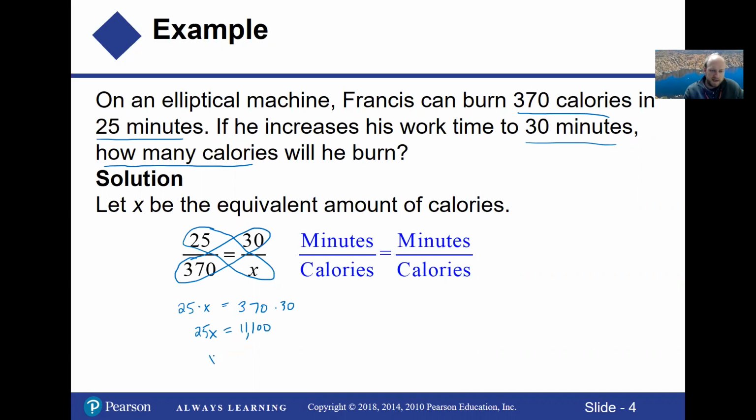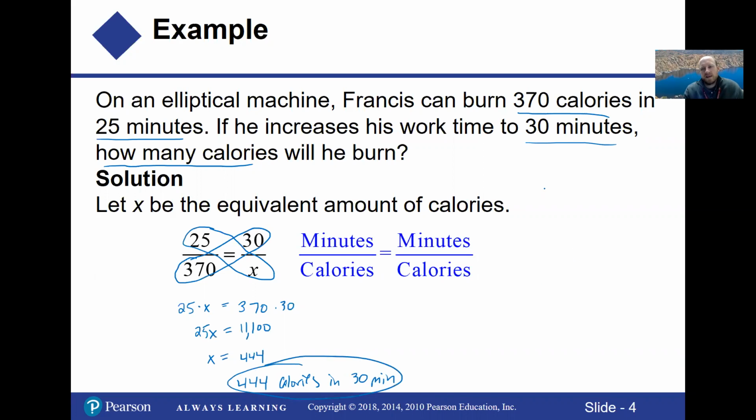Then divide both sides by 25 as we've done in the past, and we get 444. It says if he increases his work time to 30 minutes, how many calories will he burn? He will burn 444 calories in 30 minutes. So that's the answer.